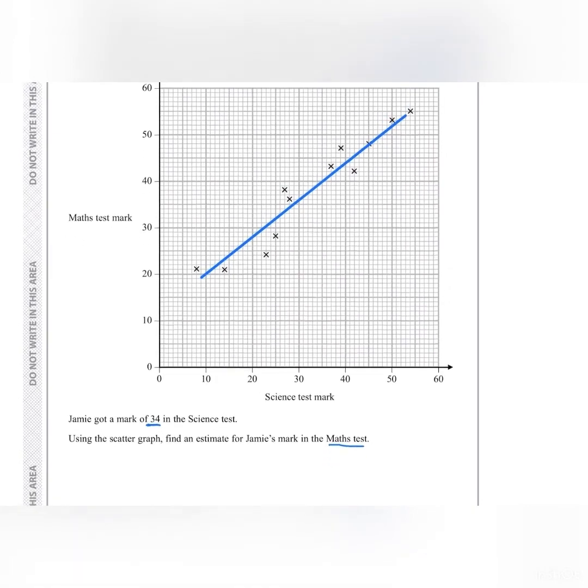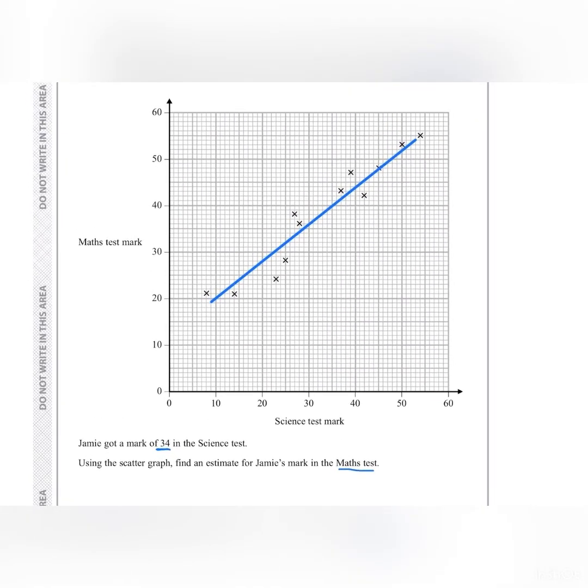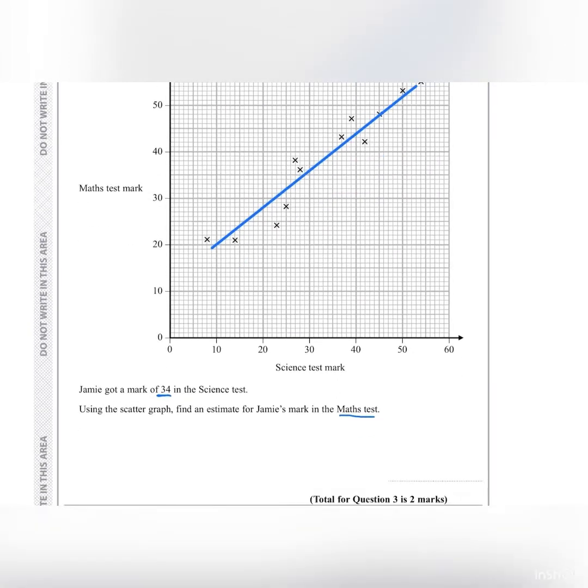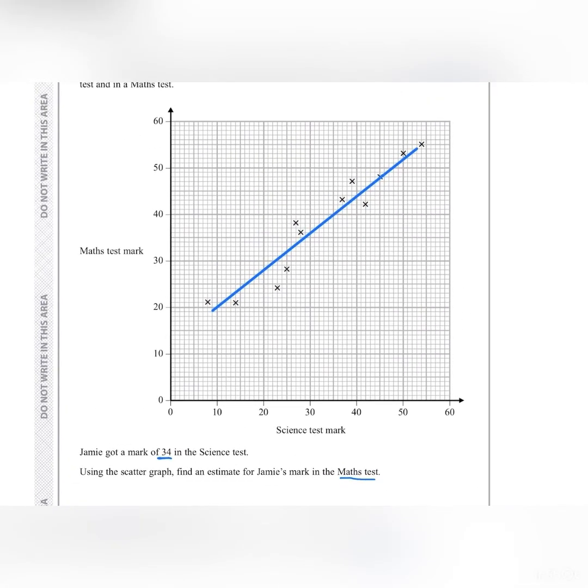And then it says Jamie got 34 marks in the science test, and find Jamie's maths marks. Okay, so 34 marks. So again, we need to draw another line from this science test mark. I'm just trying to draw that, and it's 34.